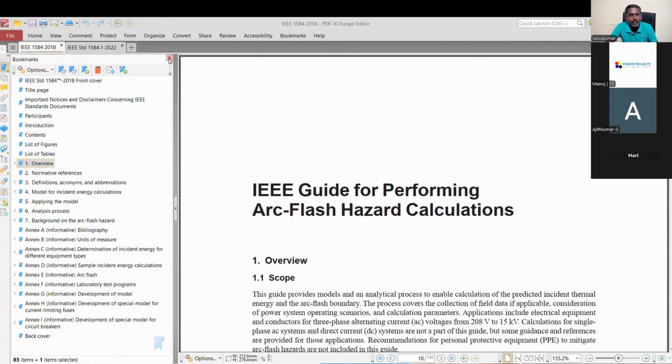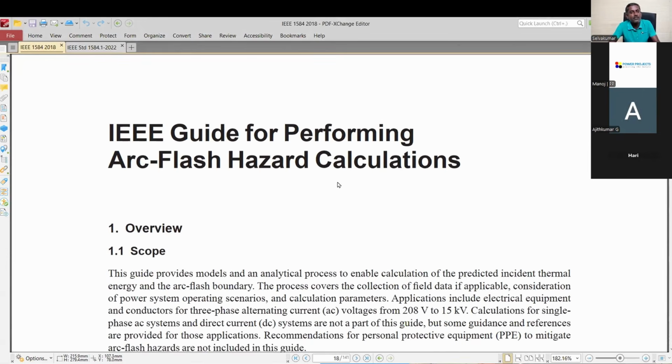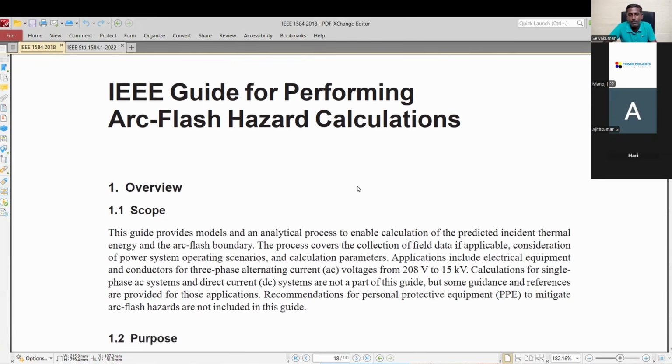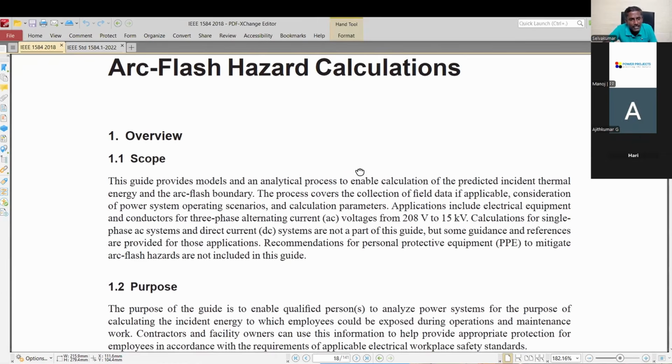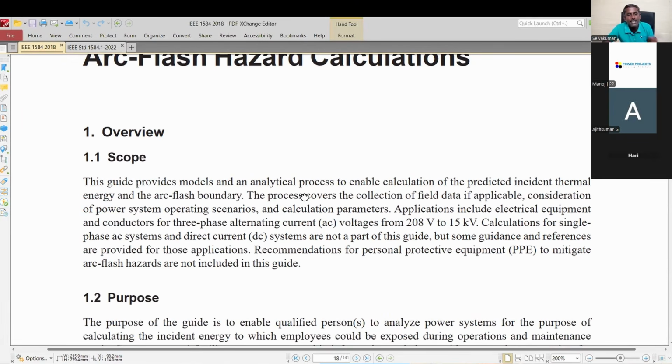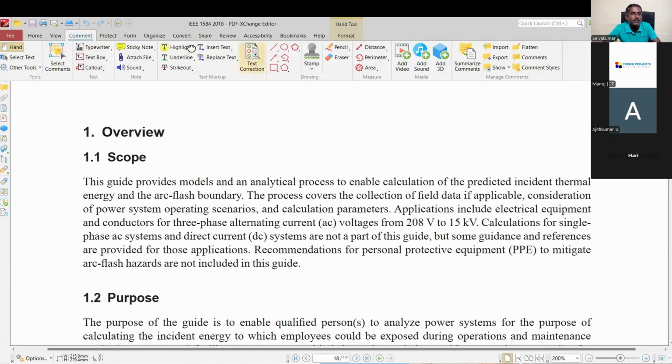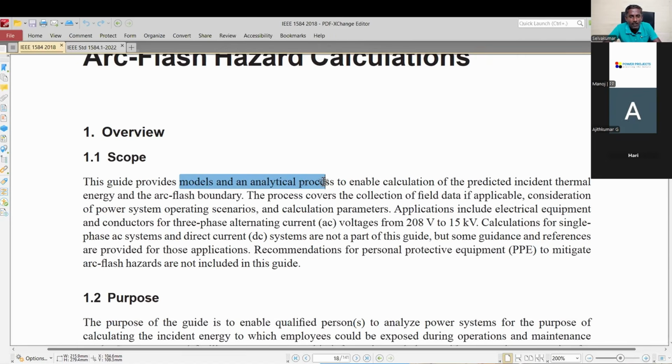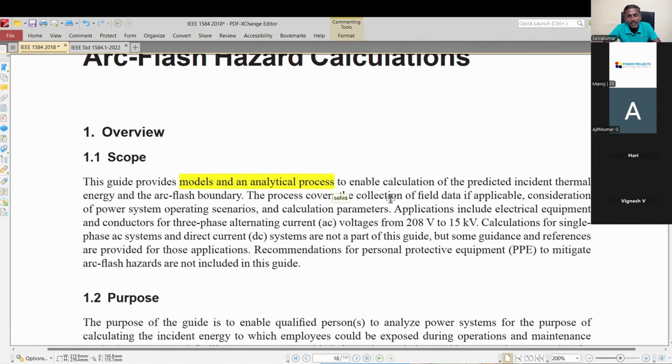This IEEE guide for performing arc flash hazard calculation, IEEE 1584 2018, provides models and an analytical process that enables you to predict the incident energy and arc flash boundary. So IEEE 1584 only helps you to get incident energy and arc flash boundary.